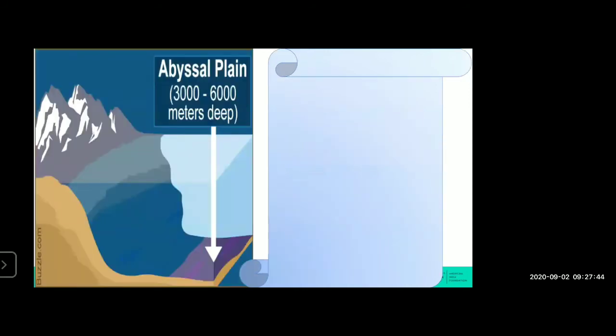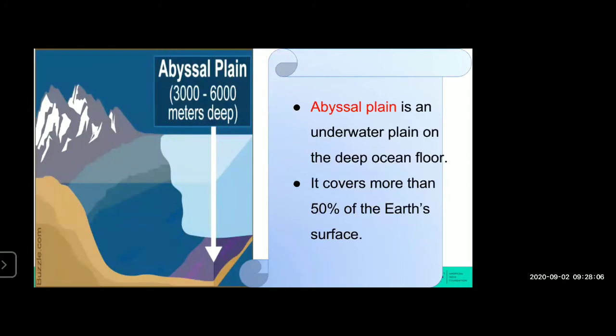The next part is abyssal plains. Observe the picture carefully. It was the continental shelf, then the deeper portion was the continental slope, and now you can see a straight area. This area is called the abyssal plain. It is about 3,000 to 6,000 meters deep.